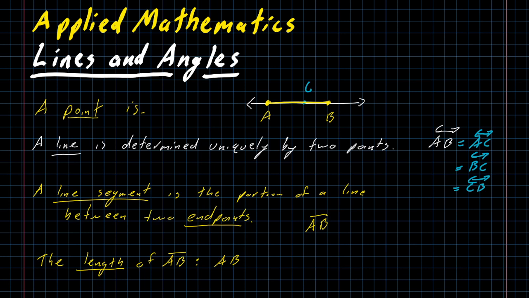And then when I have a segment which has a finite length, I can talk about that length. Call it AB.